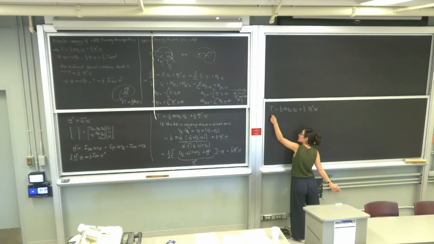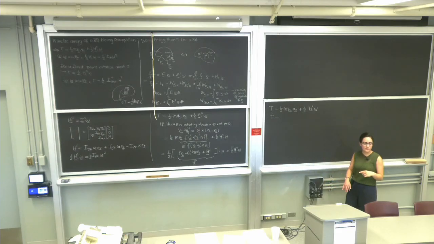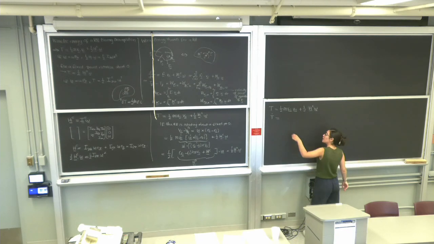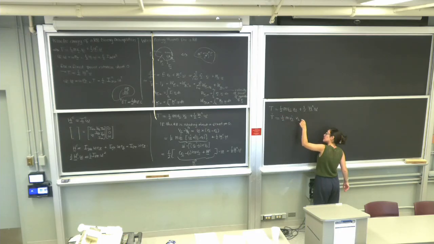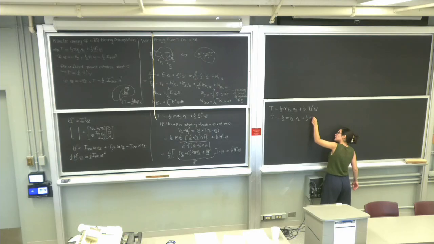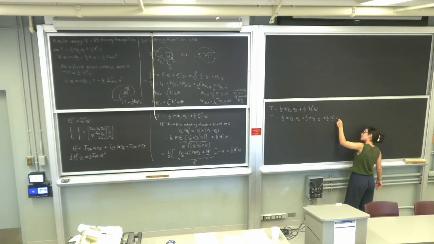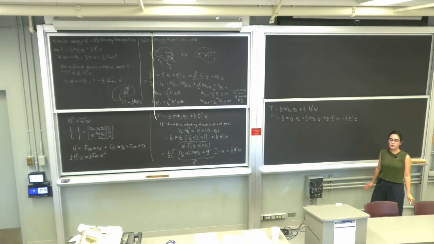How many terms am I going to get? 4. I will need to use the product rule twice, right? So half m v_C dot v_C dot, plus half m v_C dot dot v_C, plus half H_C dot omega plus half H_C dot omega dot.